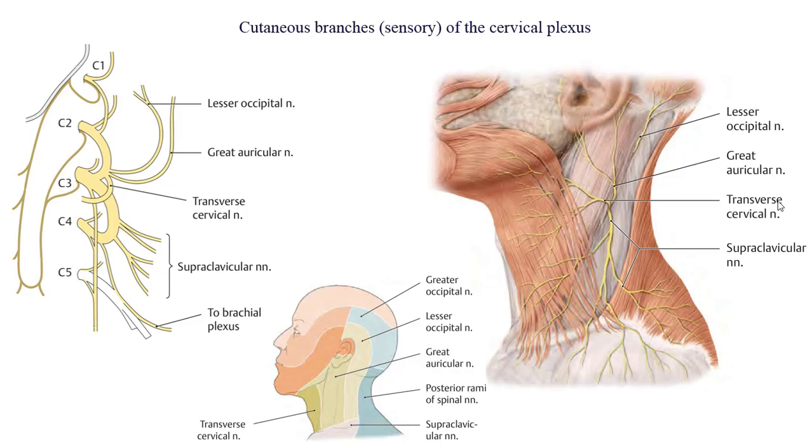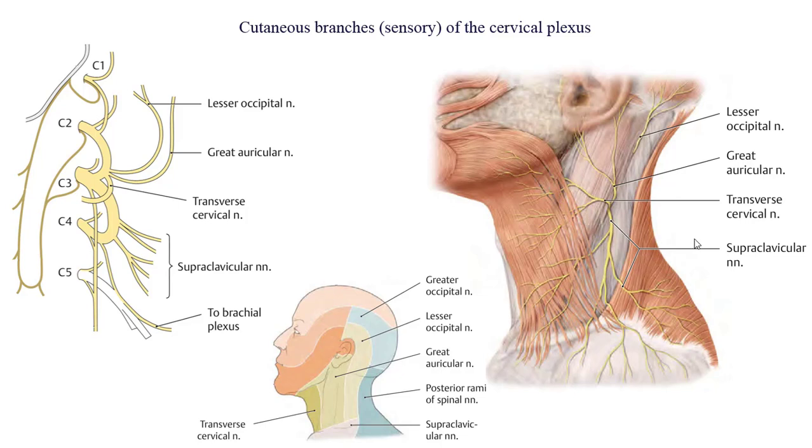The transverse cervical nerve, or the anterior cervical cutaneous nerve, consists of branches from the cervical nerves C2 and C3. The transverse cervical nerve horizontally crosses the sternocleidomastoid to supply the anterior and lateral parts of the neck.